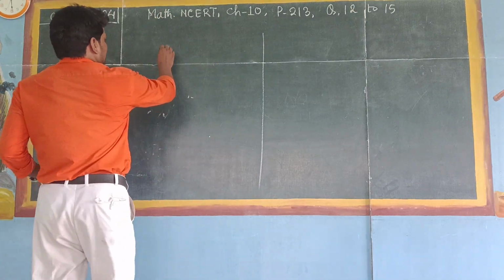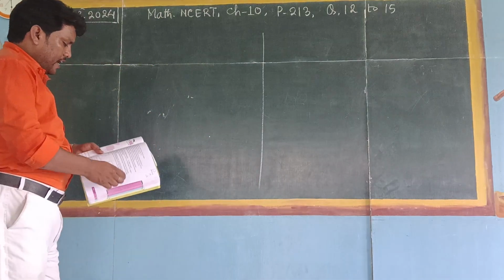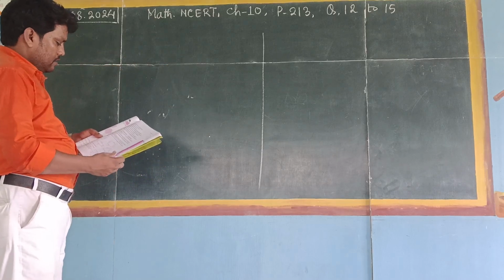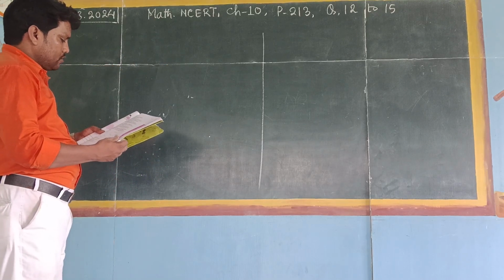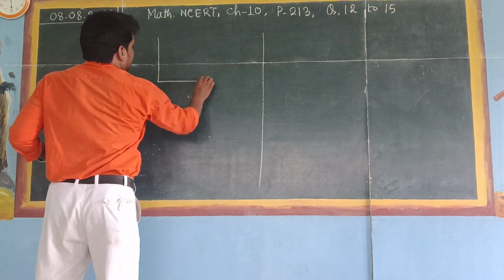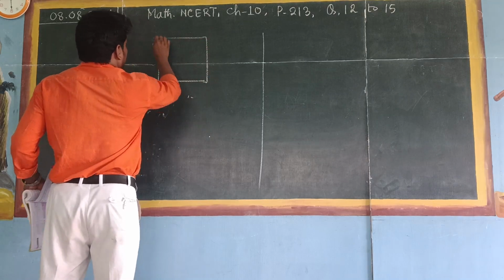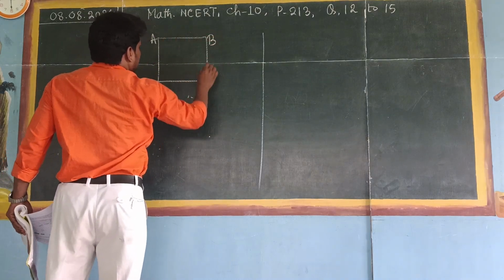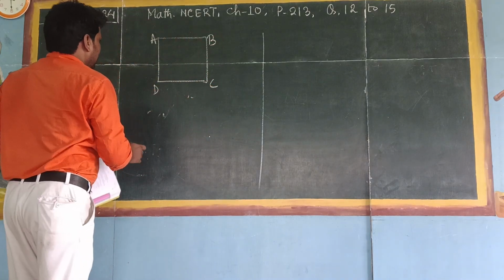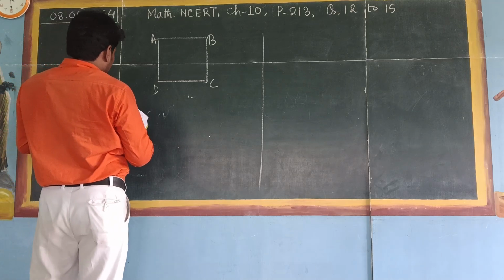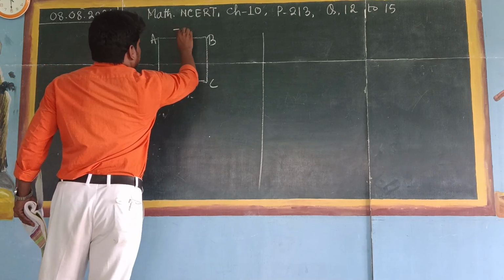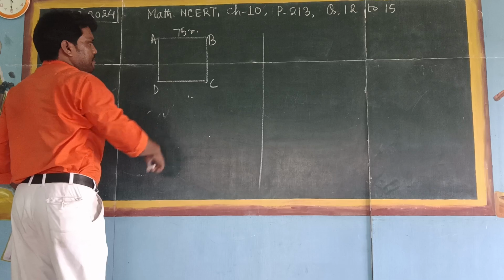So draw the figure at first. Sweetie runs a square path. Suppose ABCD is a square path and its side was 75 meter, so all sides are 75.